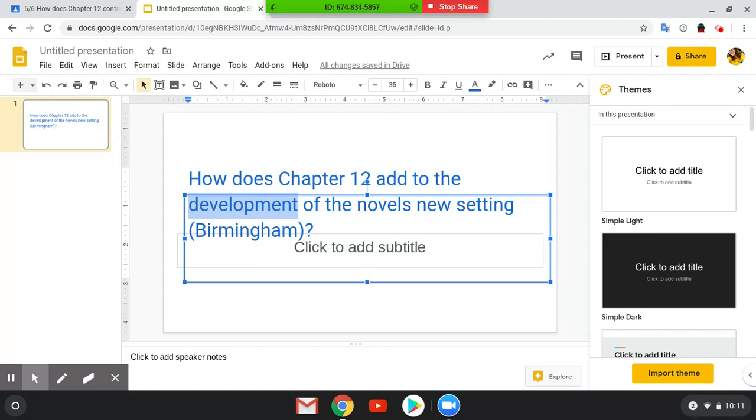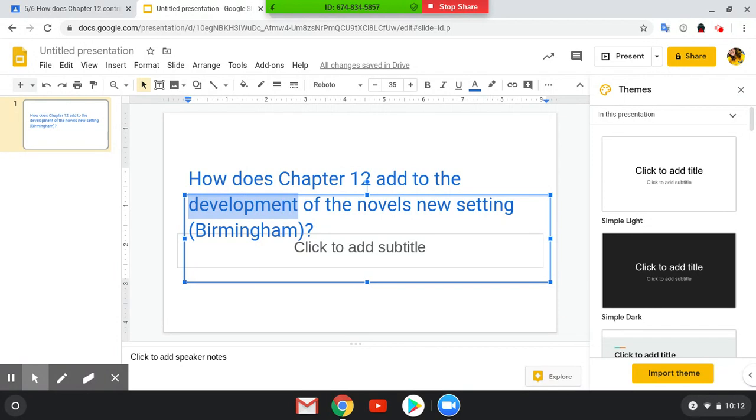So how does chapter 12 add to the growth of the novel's new setting, to the author building the novel's new setting? So what this question is really asking you is, let me reword that. What does chapter 12 tell you about the novel's new setting? It's as simple as that.